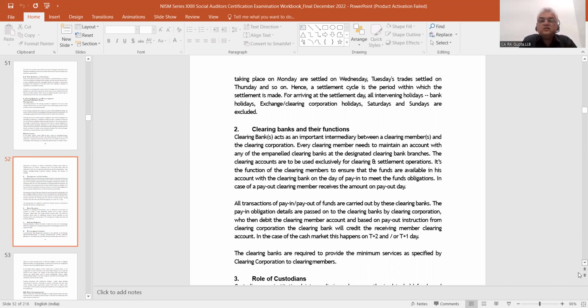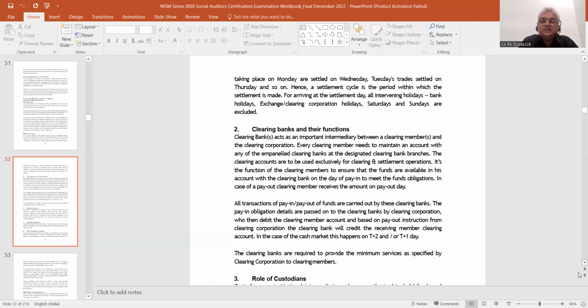And the clearing accounts are to be used exclusively for clearing and settlement operations. It's the function of the clearing members to ensure that the funds are available in his account with the clearing bank on the day of pay-in to meet the funds obligations. And in case of a payout, the clearing member receives the amount on payout day. So all transactions of pay-in and payout of funds are carried out by these clearing banks.